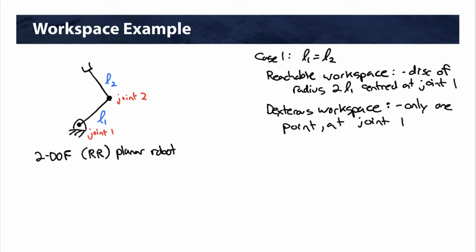So we could draw a simple picture of this. We have link 1, there's joint 2, and then when the arm, because L1 equals L2, is folded back on itself, that point is our dexterous workspace.